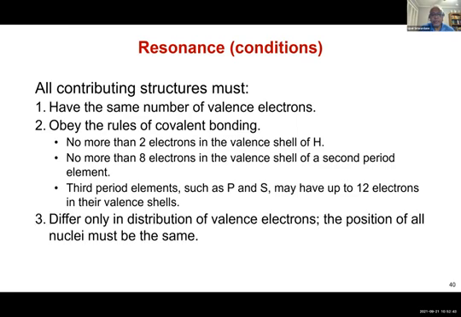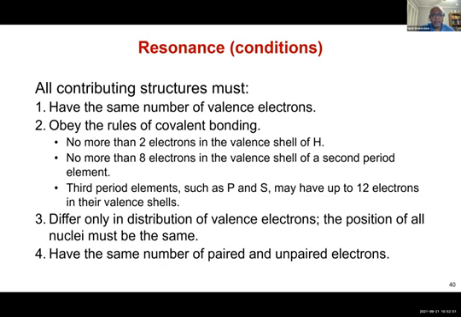They differ only in the distribution of valence electrons. Positions of all nuclei must be the same. They have the same number of paired and unpaired electrons. You cannot just draw any structure and say it's resonance. You have to meet these conditions to create contributing structures. Resonance allows us to describe properties of certain molecules using several contributing structures, better than one structure alone.